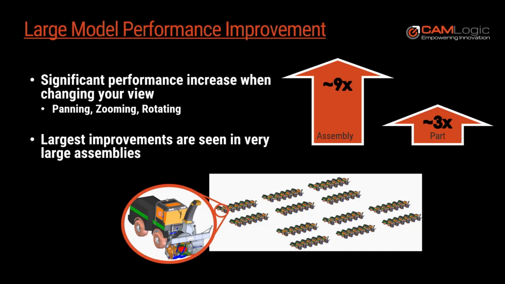So when you're moving the model, panning, zooming, rotating, you'll see quite a large improvement from comparing previous versions to Solid Edge 2024. You can see that example assembly that we have in the bottom there, each one of those machines is a fully assembled large piece of machinery, and even with an assembly file like that, you can still rotate the model around quite well.